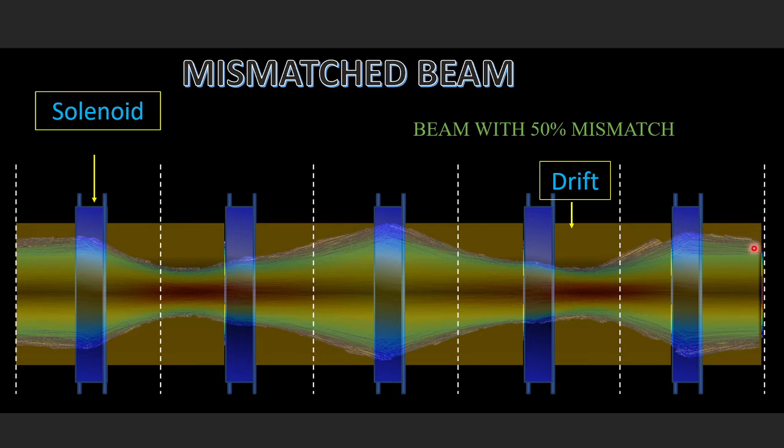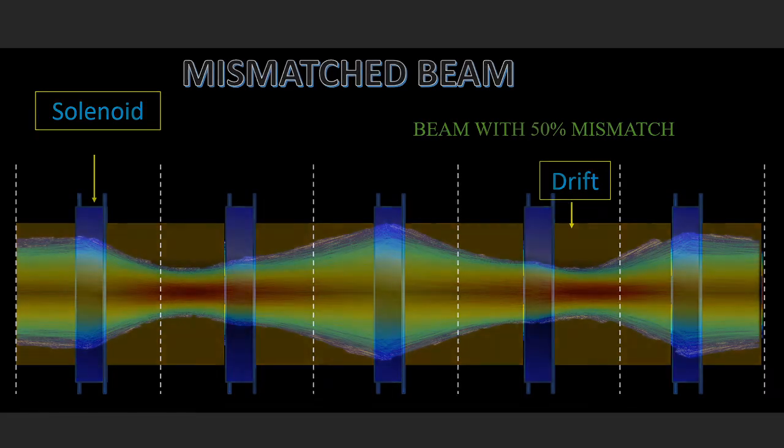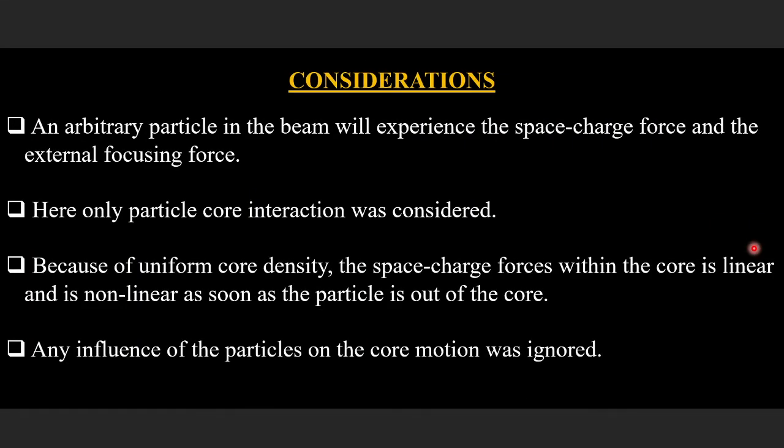I hope it is now clear what happens when you have a matched beam or when you don't. In general, ideally we would prefer to match the beam before we inject it into a given lattice. Now let us look at some more considerations of the model.